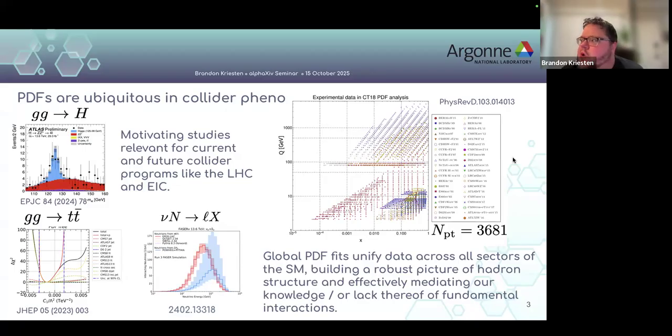I think what's more interesting is how various processes pull on different regions of the x dependence of the PDF, for instance. Some experiments might be more sensitive to high x, and some experiments might be more sensitive to low x. You have some experiments which are sensitive to strange quark asymmetries, for instance, u-bar, d-bar excesses, and things like this. I think that is something that we have more control over.